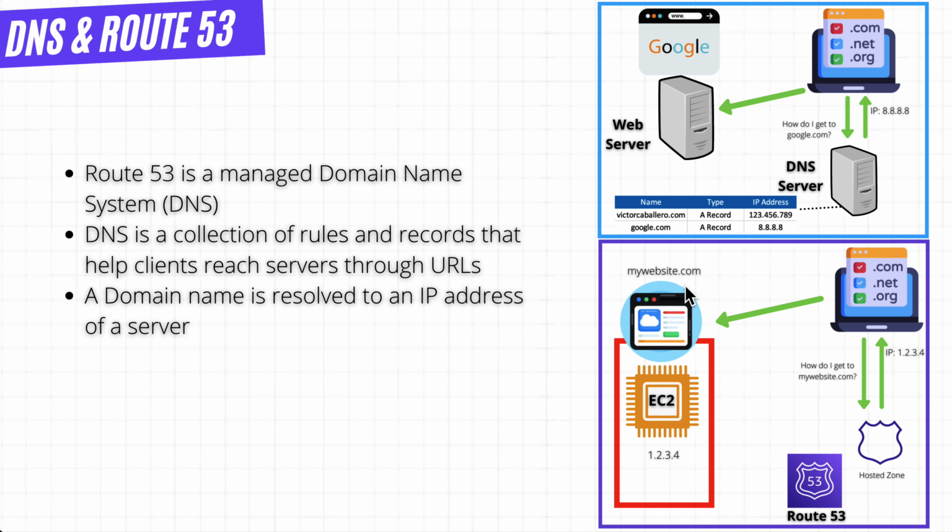We can have this client computer ask Route 53, what is the IP address to mywebsite.com? And Route 53 will provide the IP address to the client PC. And at this point, it will be able to reach mywebsite.com.